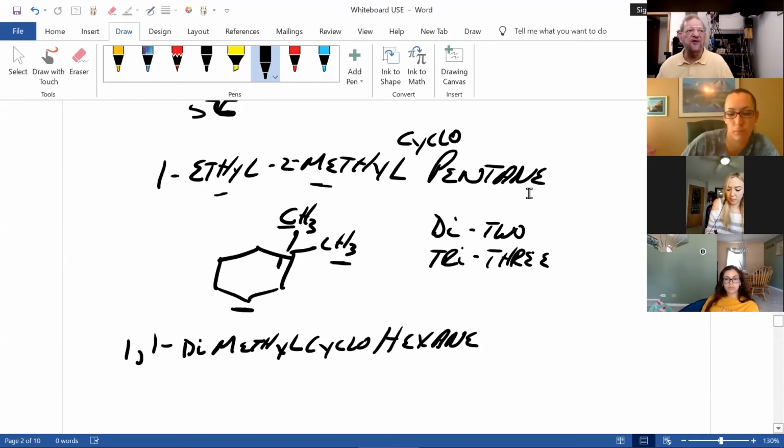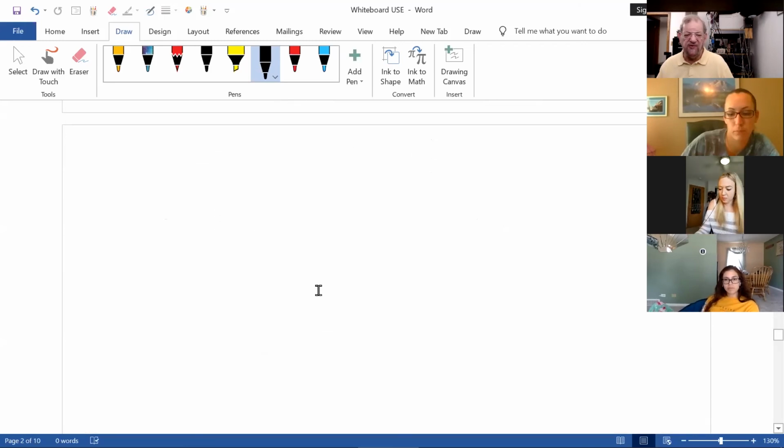All right, there are two skills in nomenclature. One is, here's the structure, give the IUPAC name. The other is, draw the structure.